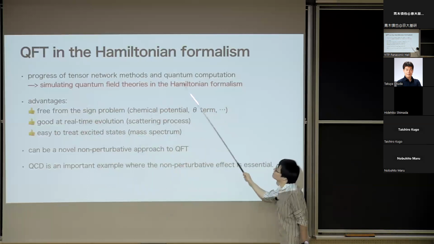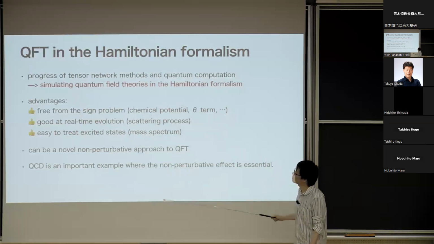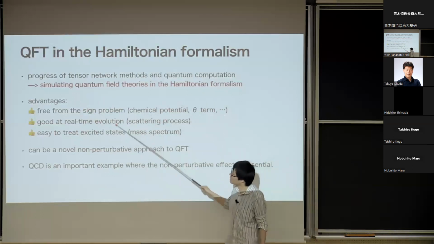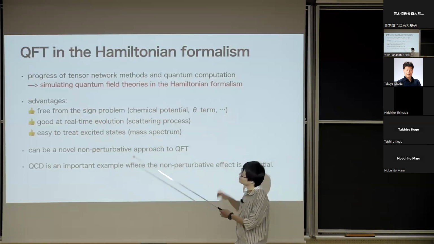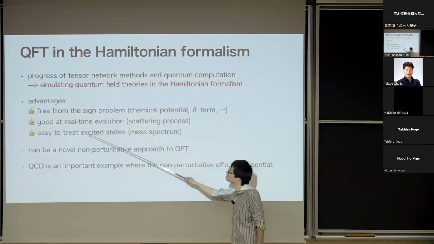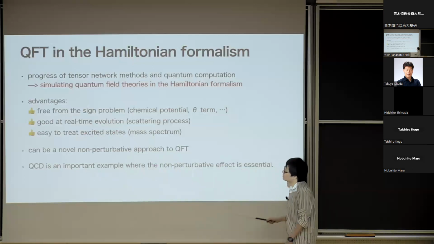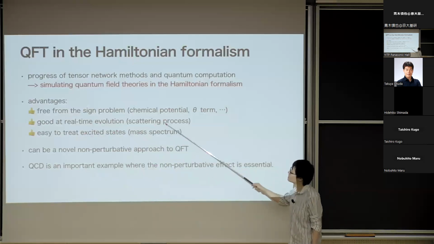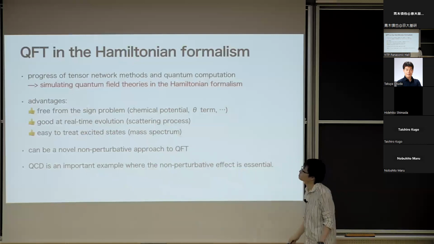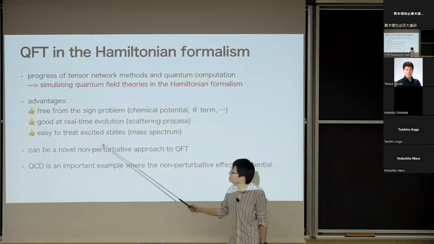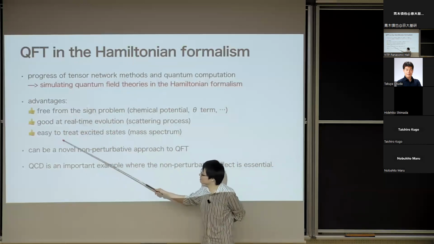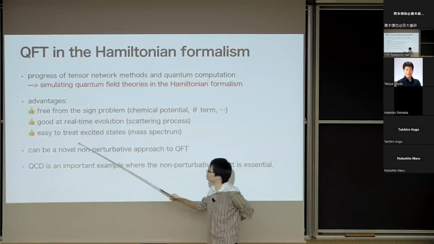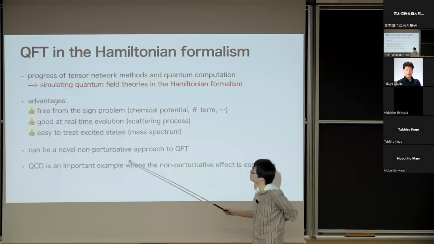And the other advantage is the Hamiltonian formalism is good at real-time evolution. So it's an operator formalism. So we can construct a time evolution operator explicitly, and by acting such an operator, we can evolve the state. So in this method, maybe we can study some scattering process. And another advantage is that in the Hamiltonian formalism, we can easily treat excited states.